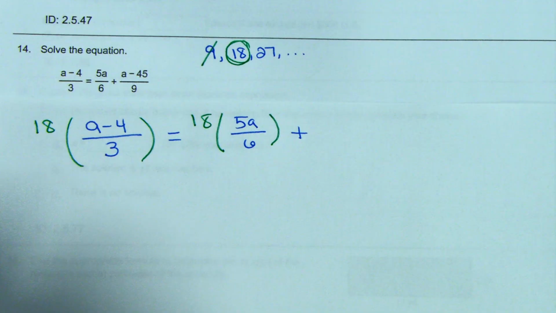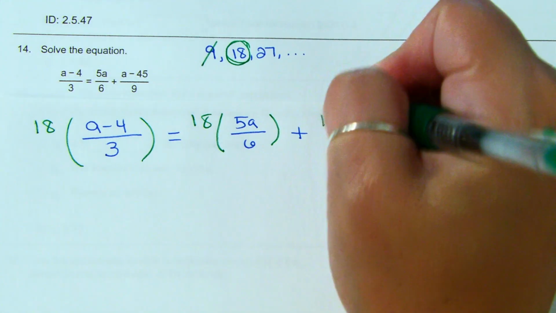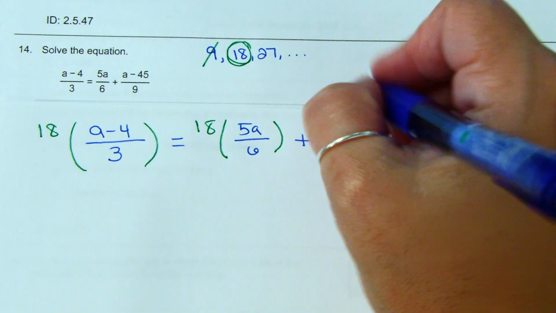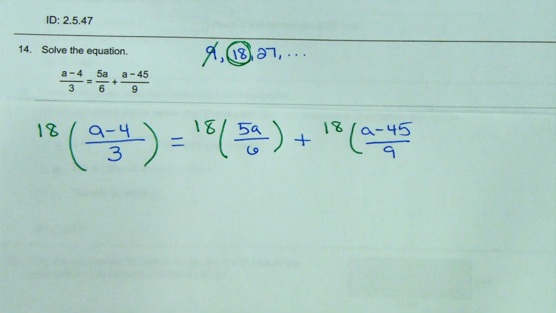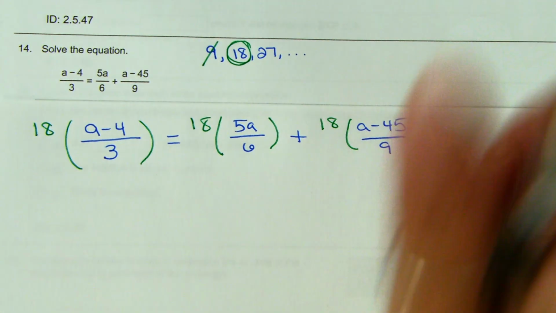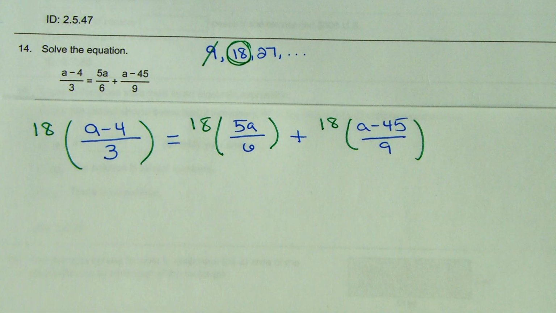So what does that mean for us? It means I need to multiply every single thing in this problem by 18. When I do that, my fractions will completely go away. And I'm going to rewrite it down here so I have more space and you can see what I'm talking about. On the left-hand side, I have a minus 4 all over 3, and I'm going to take this fraction and multiply it by 18.